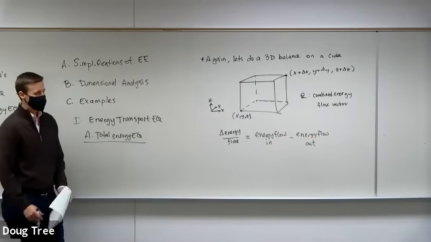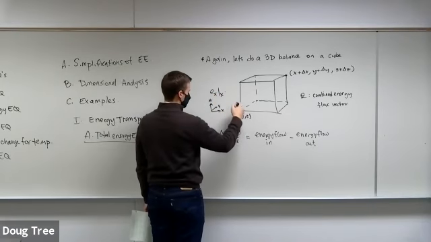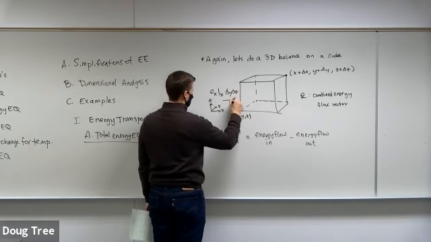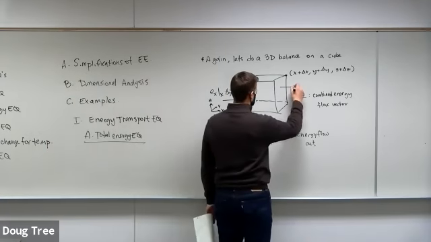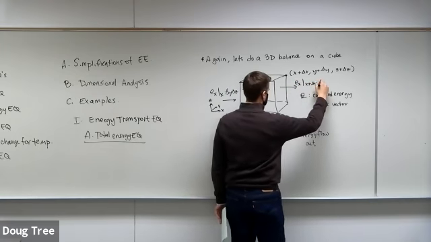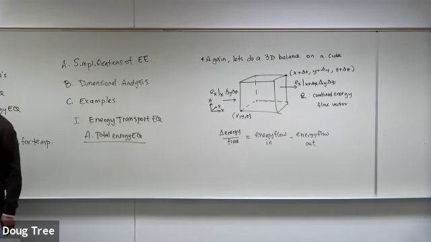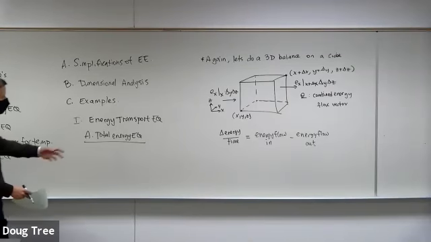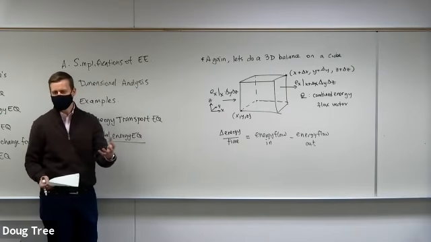We're going to have terms like Ex at X multiplied by delta Y delta Z coming into that box, and terms like Ex at X plus delta X times delta Y delta Z coming out of the box. The same thing for the Y direction and the Z direction. And then the energy in the box, I need to take that into account somehow. So we need to think about what is the energy in the box that I need to worry about?